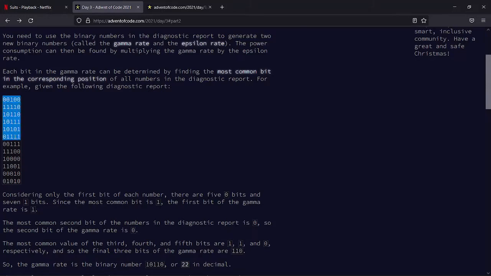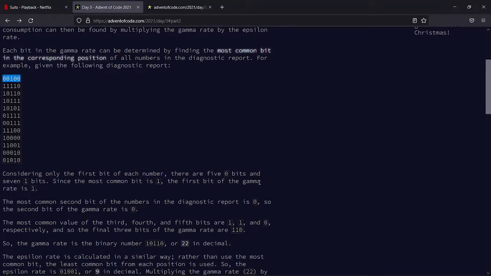Now, this should be pretty simple to implement using a dictionary or a hash map. They're the same thing. So, using a dictionary, just keep track of the element with the maximum frequency at a particular position, and form gamma and epsilon from that.